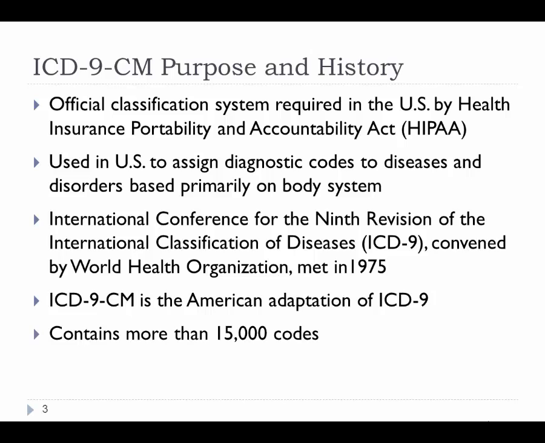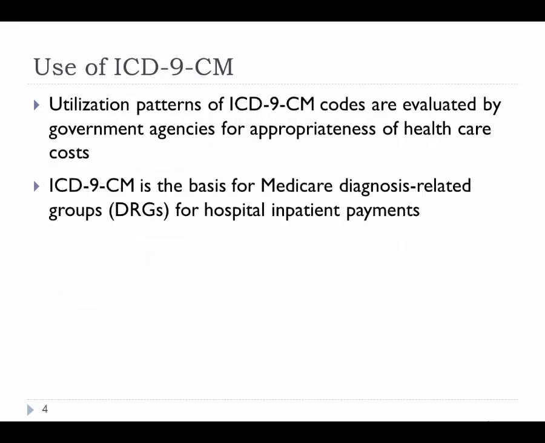The current ICD used in the United States, the ICD-9, is based on a version that was first discussed in 1975. The United States adapted the ICD-9 as the ICD-9 Clinical Modification, or ICD-9 CM. The ICD-9 CM contains more than 15,000 codes for diseases and disorders.